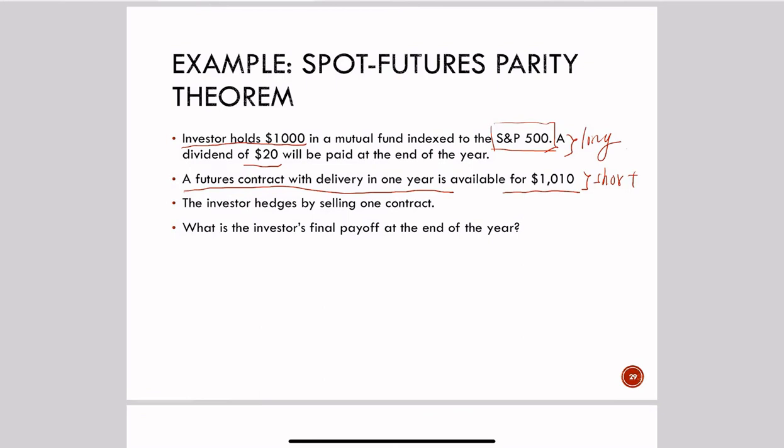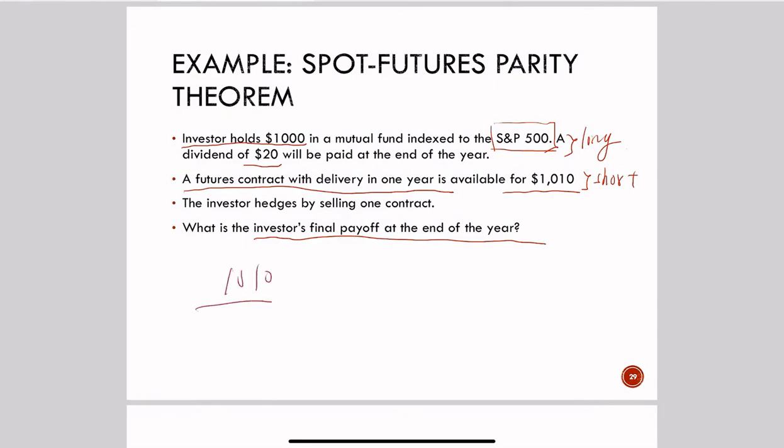So here, let's examine what this investor's final payoff is at the end of the year. Well, this is actually really simple, right? Since this investor has entered the short side of the futures contract, in 1 year he would definitely be able to sell this S&P 500 at 1010.